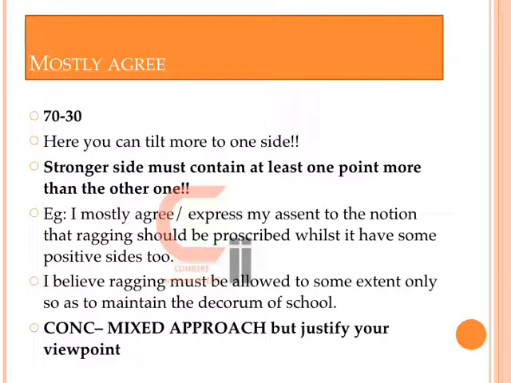And here the conclusion should have a mixed approach and should be tilted more towards the side which you choose. So here you can use a 70-30 approach. You can agree with one notion to a larger extent, and you can also express one or 2 points of the other side of the statement. So be careful while attempting this type of question.